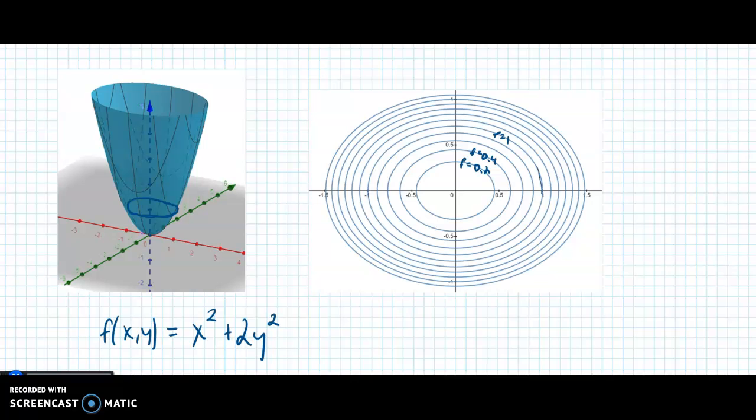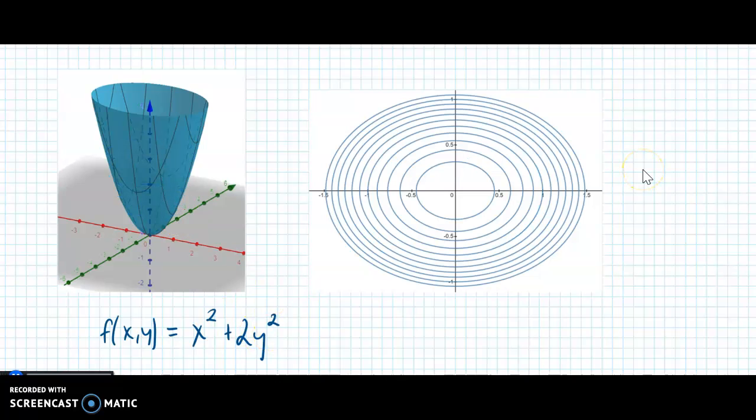That would be this circle right here, this f equals 1. And I could go and draw the next one, and the next one, and the next one, and all of those would be just drawn on this 2D XY space, right? So you can see that it's tighter this way than it is that way. That's this x being tighter than that y.